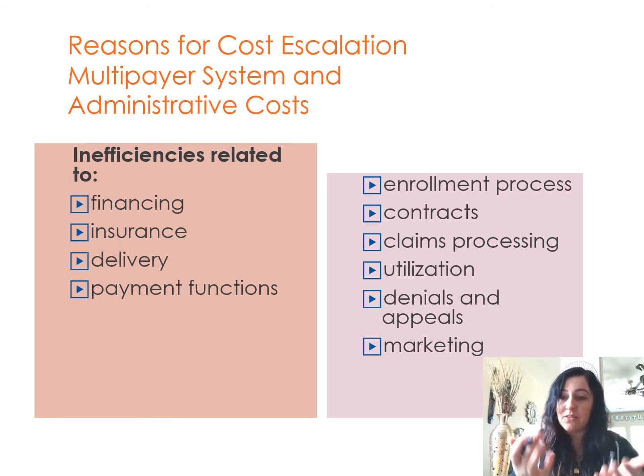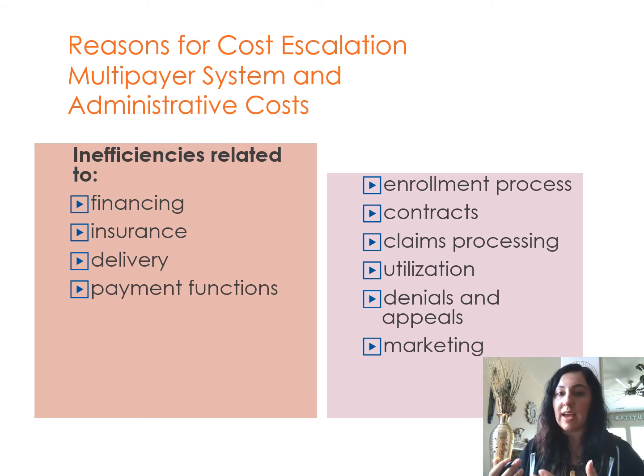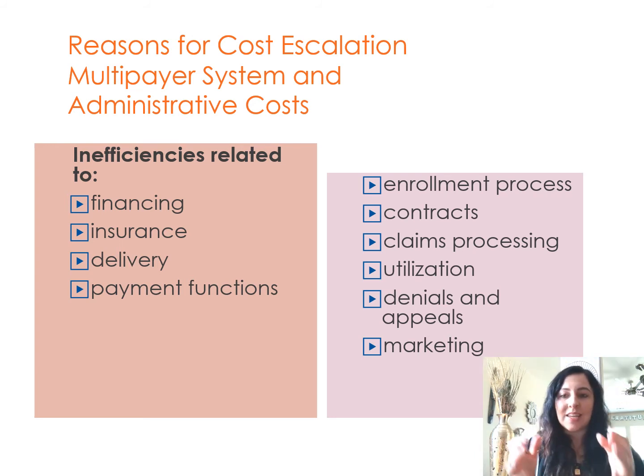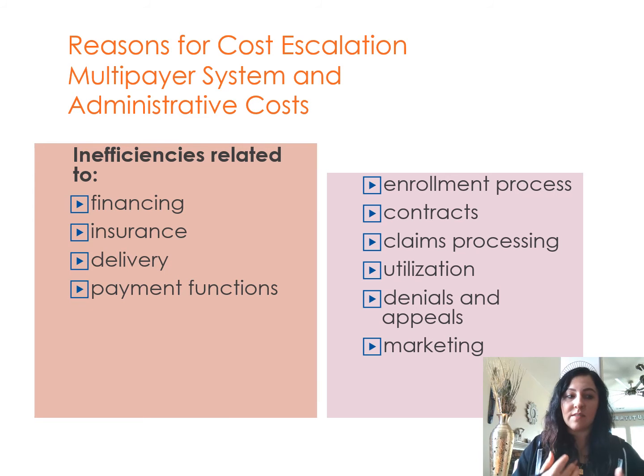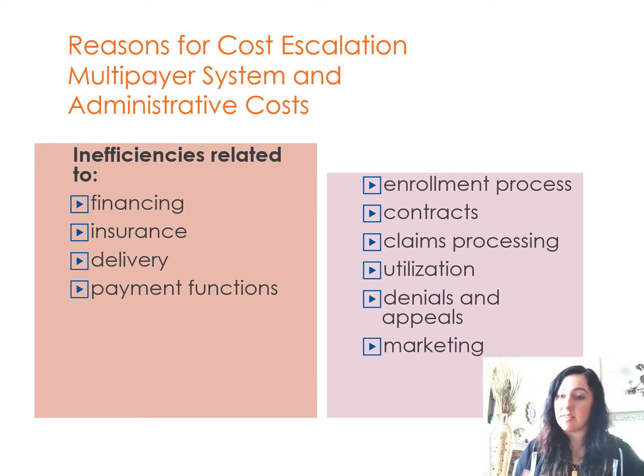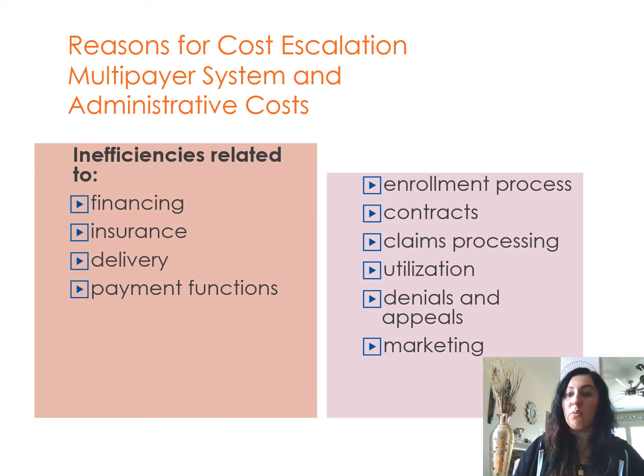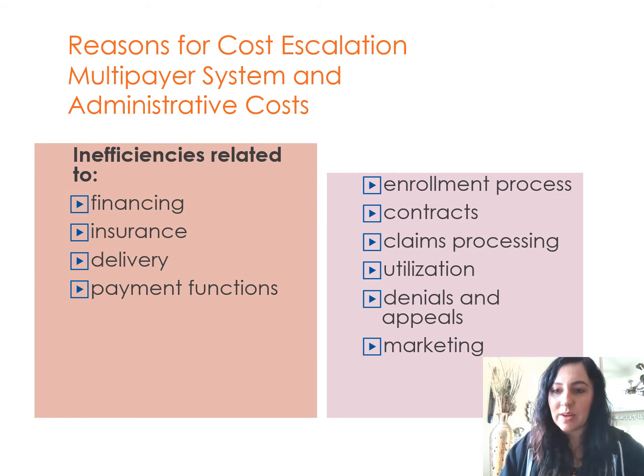There's no standards among them either. And so what's going on with a lot of these is that we have to pay more people. We have to have more people employed to handle all the different coding and the billing and everything that's involved in paying and charging for these services that are provided, because we have so many different insurance companies and whatnot that we have to deal with.